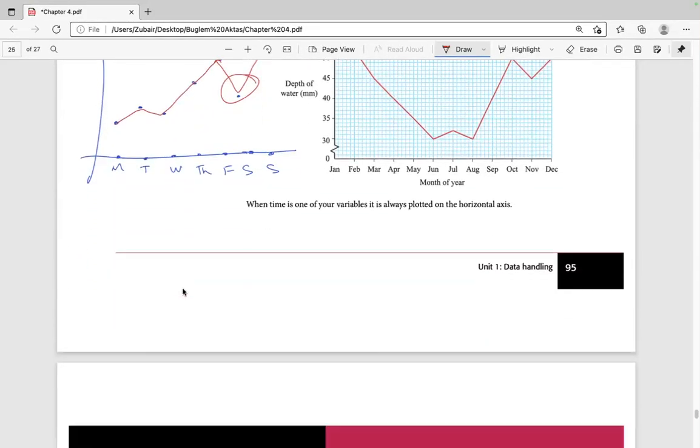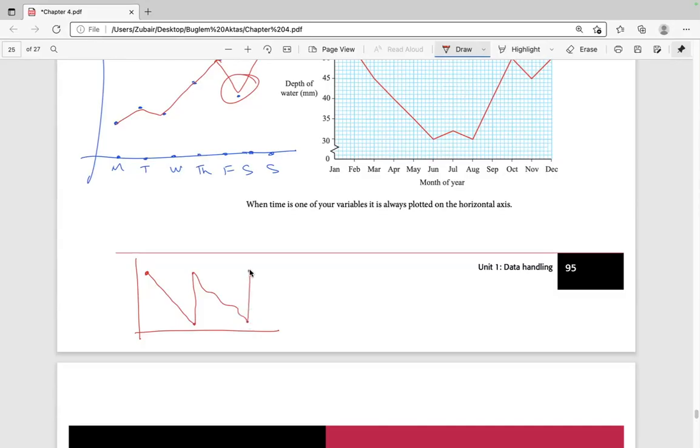If I just draw this graph, let me sketch that first. It drops down and then it shoots up. Then it drops at a different rate.